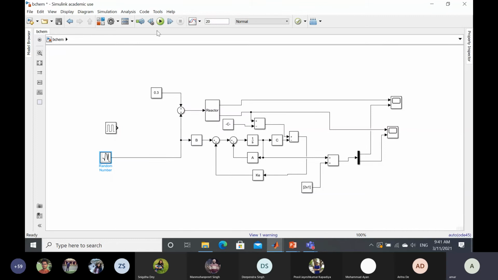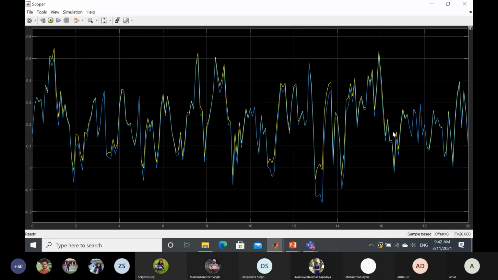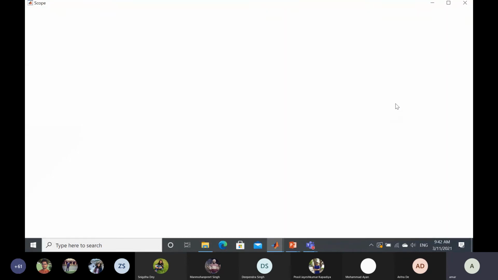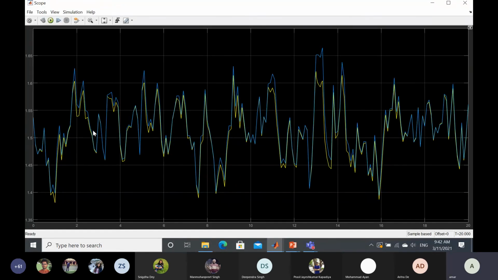If I take this one, see the CB response. It is matching more or less. Most of the cases it is matching for the CB response. And for the CS response also, you will see that in most of the cases it is matching.